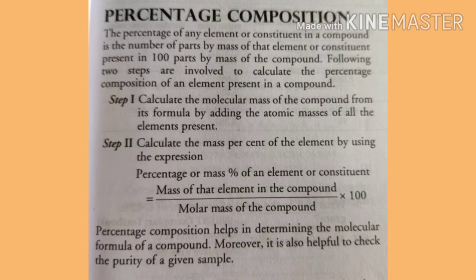Step 2, calculate the mass percent of the element by using the expression: percentage or mass percent of an element or constituent is equal to the mass of that element in the compound divided by the molar mass of the compound, into 100.